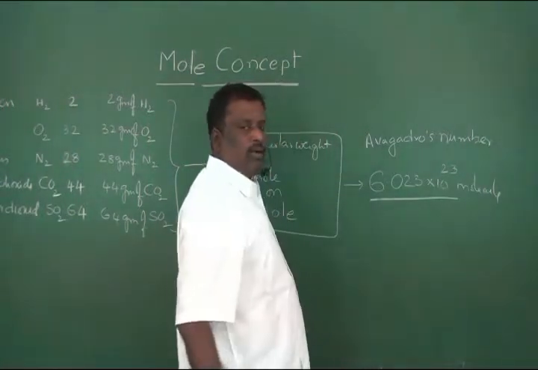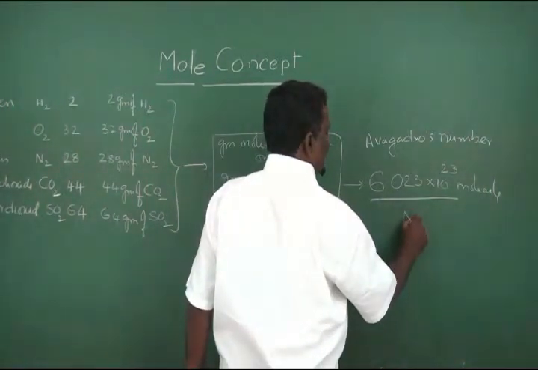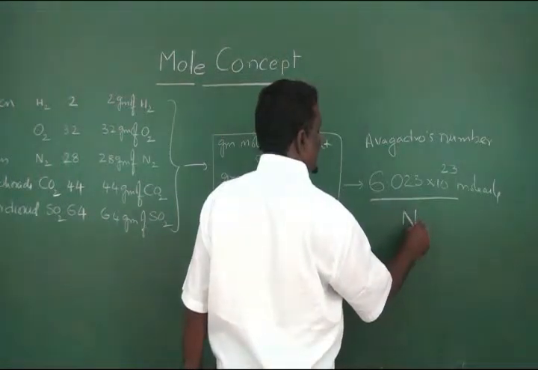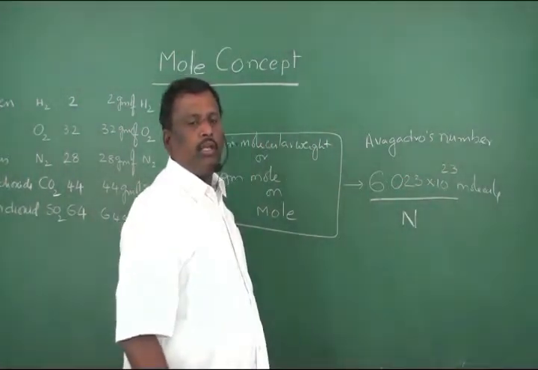It is denoted with capital N. Capital N means Avogadro's number.